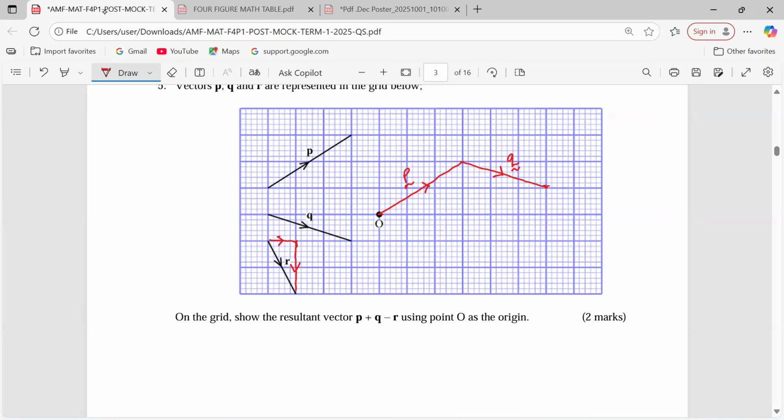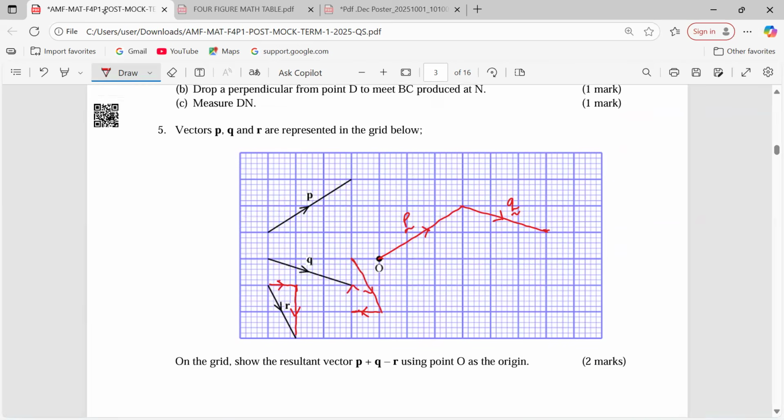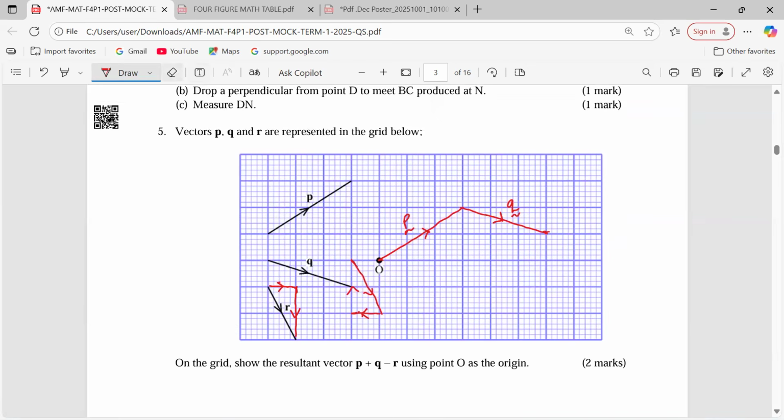So subtracting means this, like that, and then 2 upwards, like this. So now we shall attach R in the opposite way.